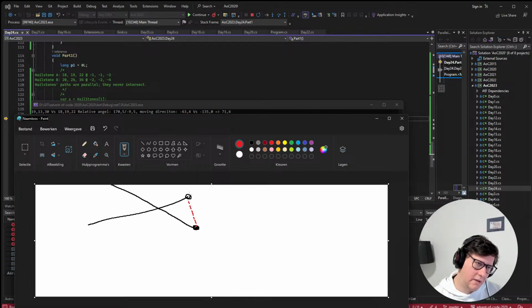Is this basically it? That I need to make sure that the triangle between this one... let me think. How do I do that?